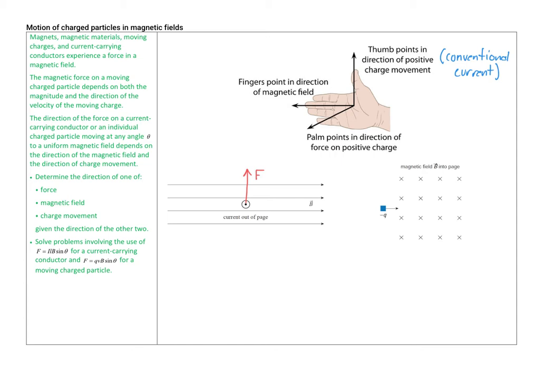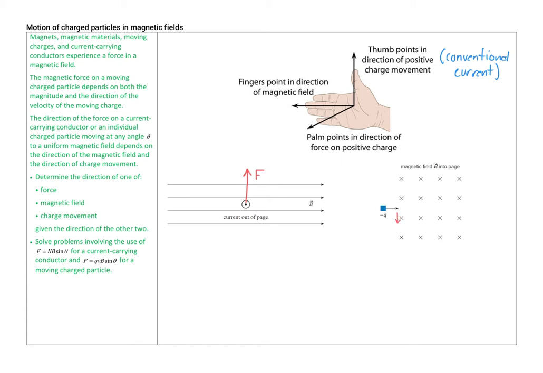So rather than the force coming out of the palm of the hand, which would be upwards for a positive charge, the direction of the force will be the opposite, so it'll be out of the back of the hand, and so the force there would be downwards. So as it enters there, that force it would experience would be downward.